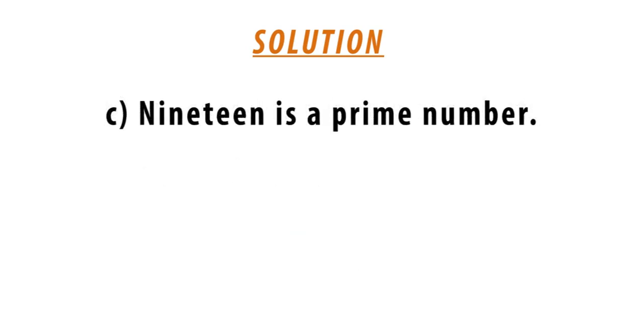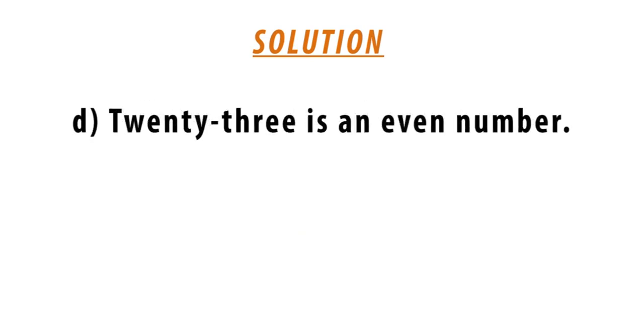C. 19 is a prime number. This is true. You know your prime numbers. A prime number has only two factors, 1 and itself, and 19 is one of them. D. 23 is an even number. This statement is false.